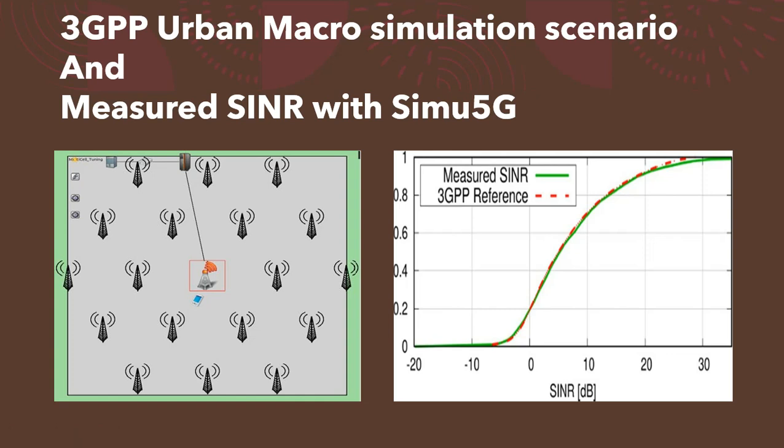It can be seen that given the different channel paths, they transmitted different data, and here we have the measured SINR and 3GPP references. This shows that the 3GPP references are here.